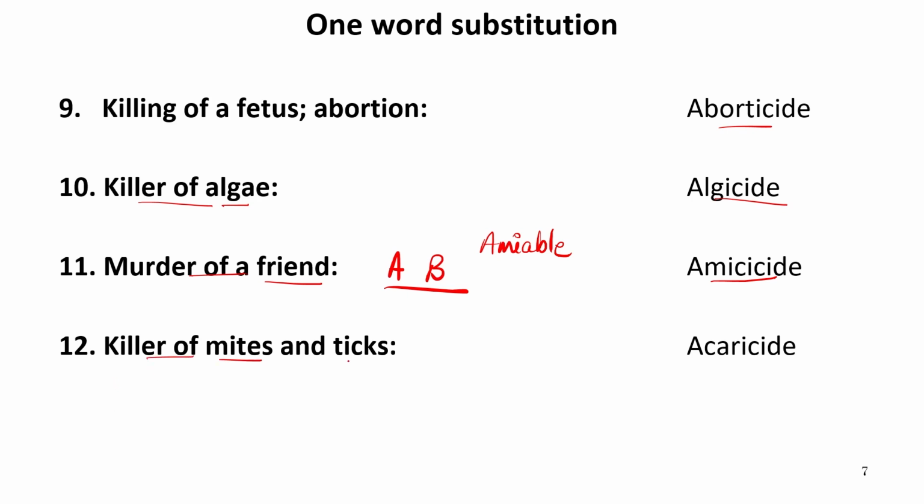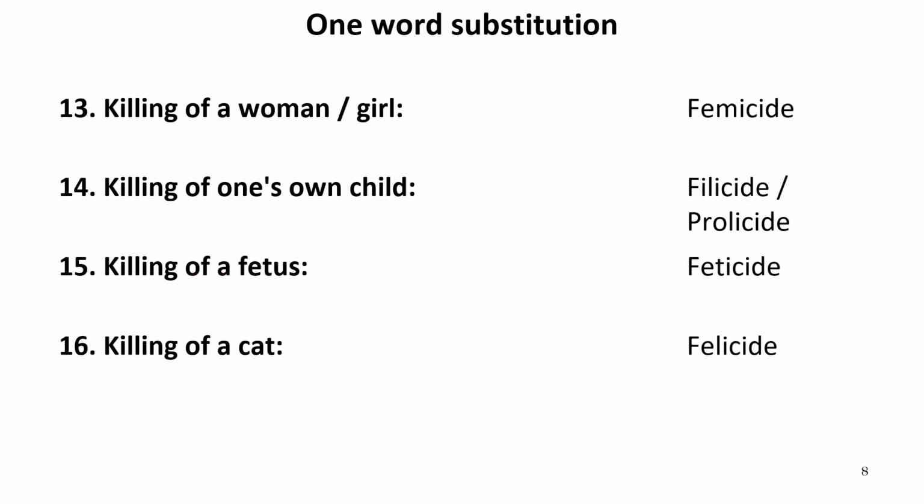Killer of mites and ticks. Now this is known as acaricide. So we can also have more than one word for a particular group of words. So we are going to discuss that also in this session. So let's move further.